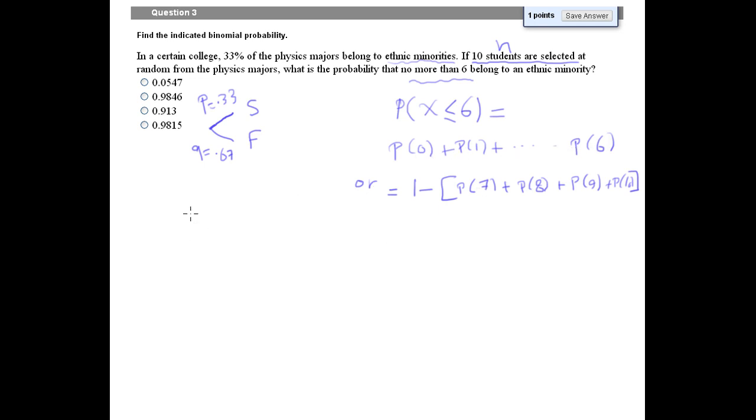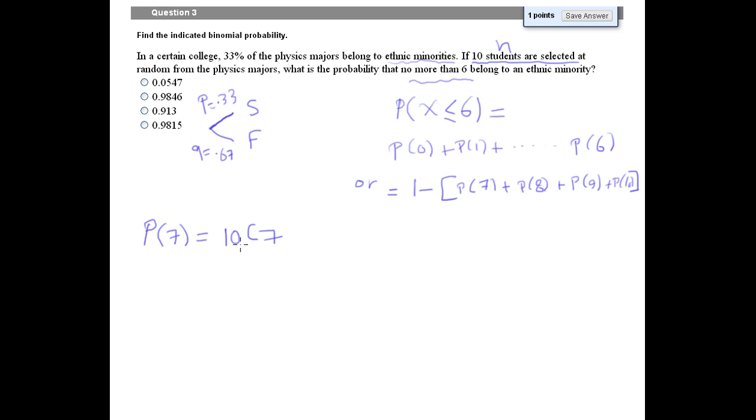Well, we still have to calculate each one because these numbers are not in the table. The P is not in the table. So in this case, I have to calculate each one separately. P of x equal to 7 is, remember, nCx, that was what the rules say, so that would be 10C7. Suppose you don't have a calculator.